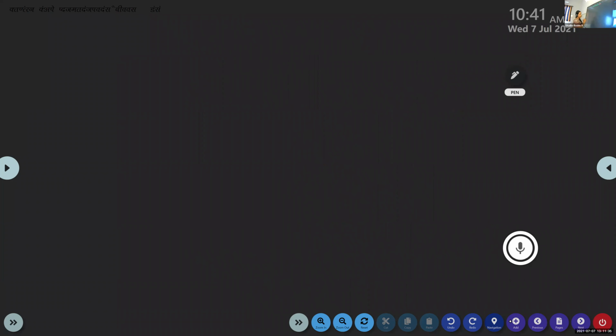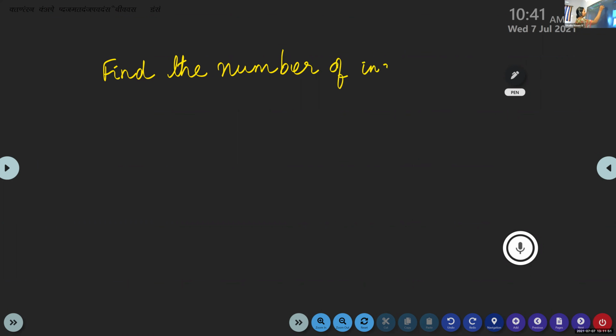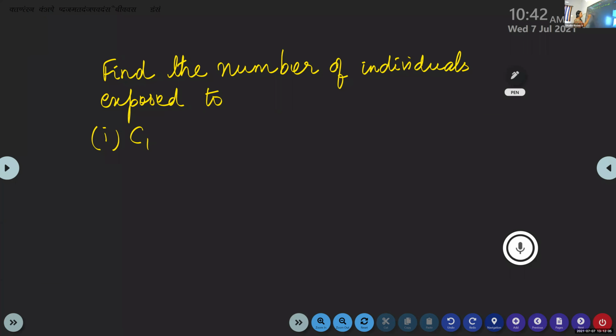Find the number of individuals exposed to, first one, C1 but not C2.